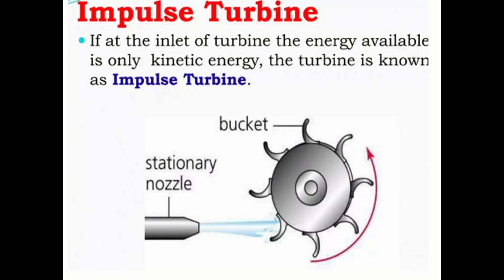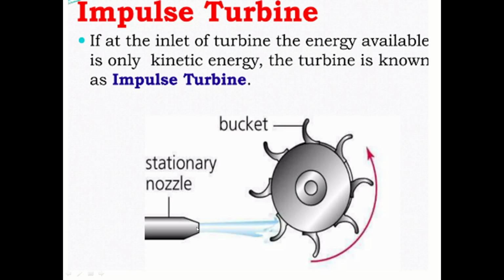Now, as I have told you, in an impulse turbine, you can see a nozzle through which water is coming out of the penstock, and this jet of water will be hitting these vanes.